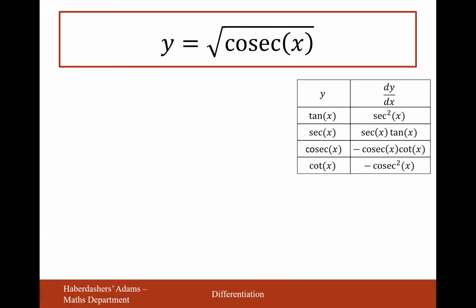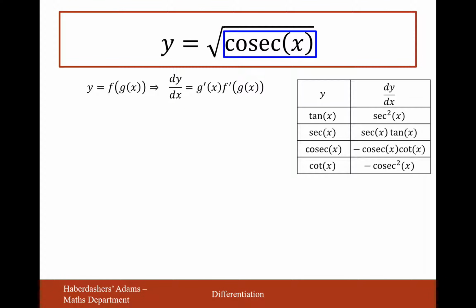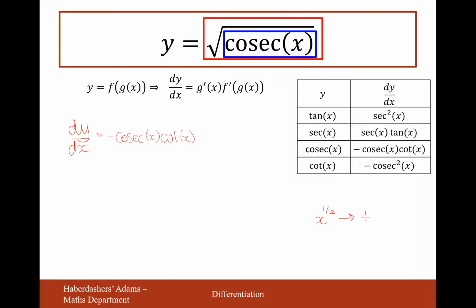Moving on to the next one, square root of cos x. So here again we have the chain rule. The inside function is cos x, the outside function is square root. So let's get started on the chain rule. Inside function first, cos x differentiates to minus sin x. And then the outside function second, square root. Well, the square root is like x to the half, which differentiates to bring the power to the front, reduce the power by 1.